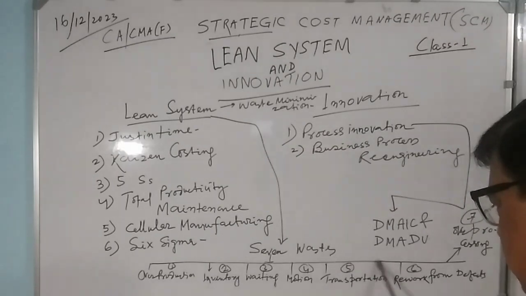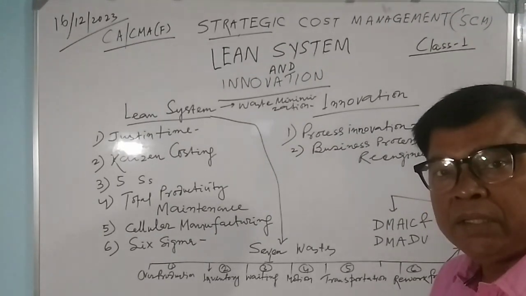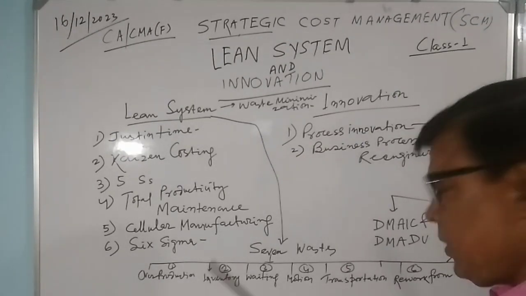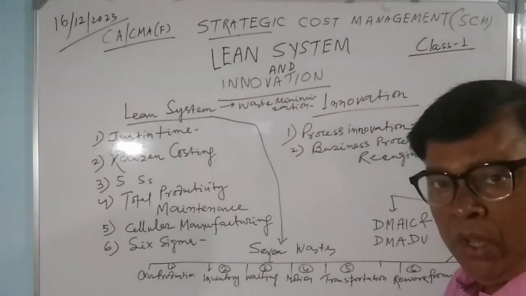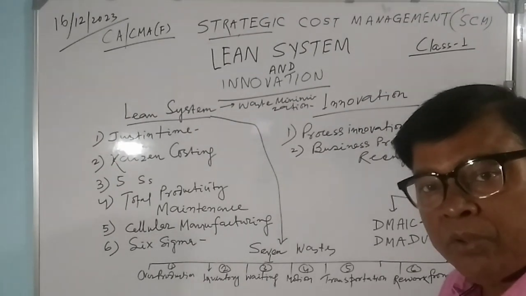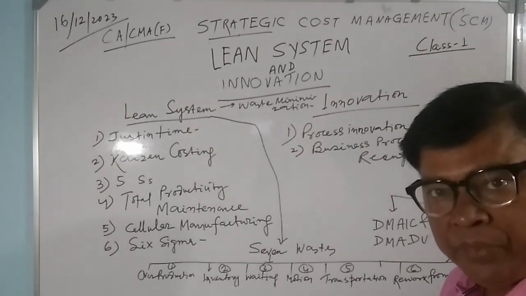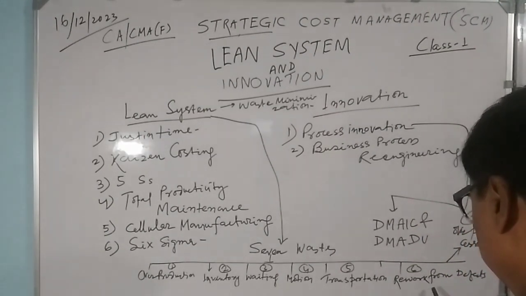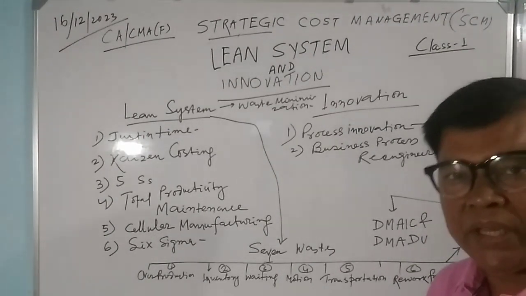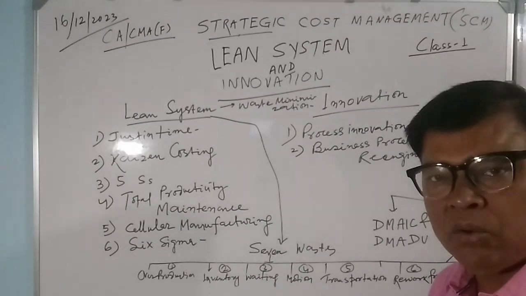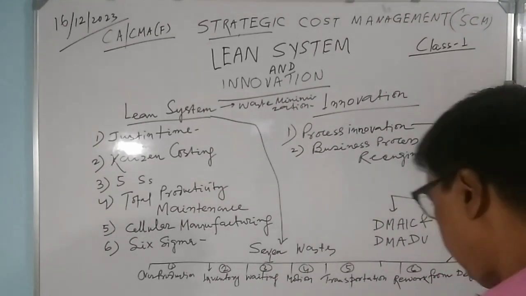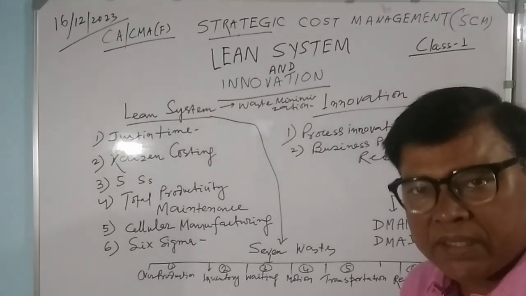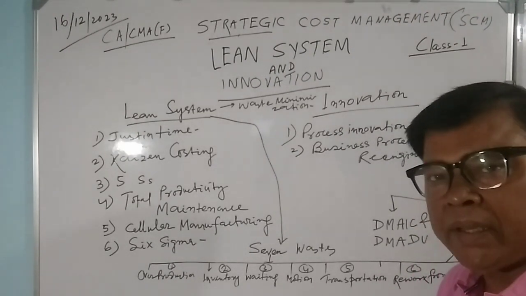Transportation: your transportation system should be sufficient and timely, from your supplier's place to your factory, and from your factory to the buyer's place. Rework from defects: if you do not run your production process properly, defects will come, and once defects come, you have to rework again.